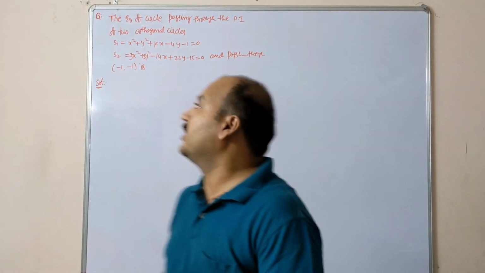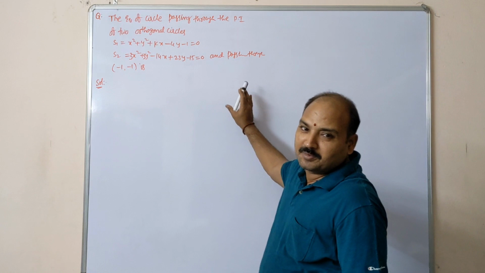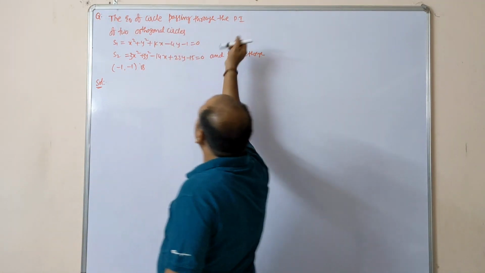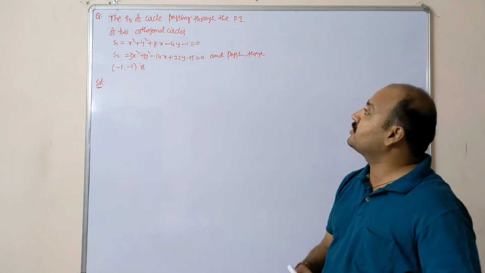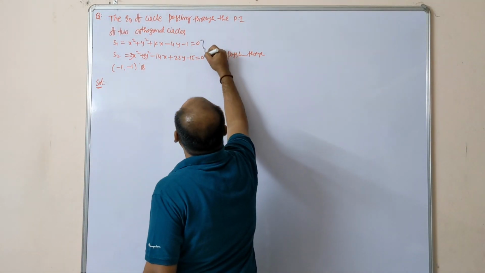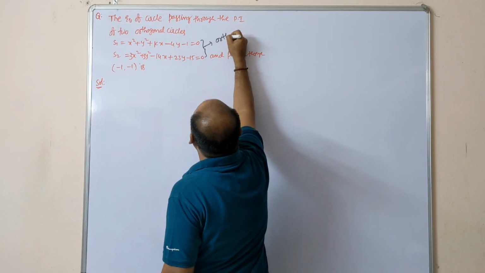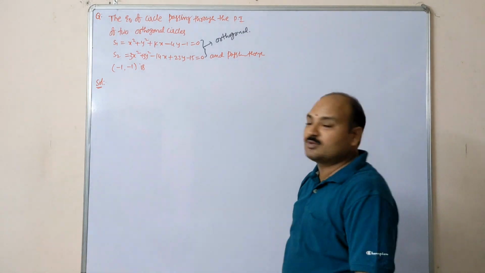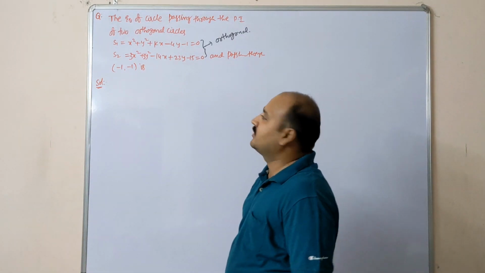Yeah, the next question. The options are big, students, that is the reason I am not writing them. The equation of the circle passing through the point of intersection of two orthogonal circles. The condition applied: these two circles are orthogonal. Orthogonal means 2gg dash plus 2ff dash equal to c plus c dash.